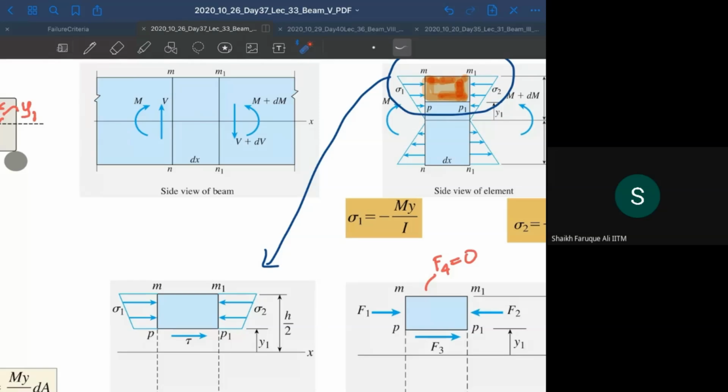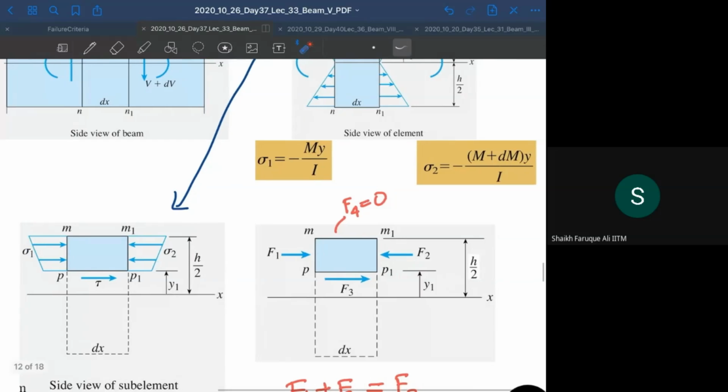Now, if you look at the force balance on the right picture, this stress will create a force on this part of the element. So this face will have some force due to these stresses. Let's call it F1. Similarly, this face will have some force because of the stresses acting on it. Let's call it F2.